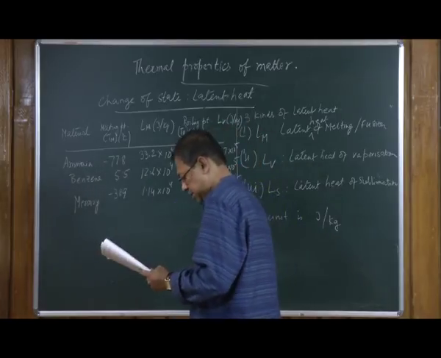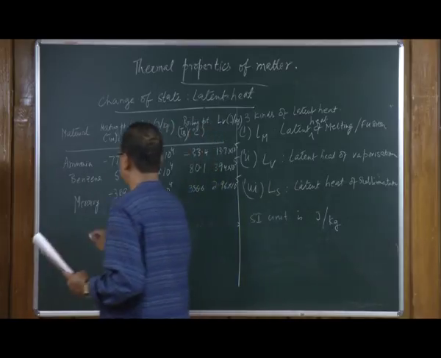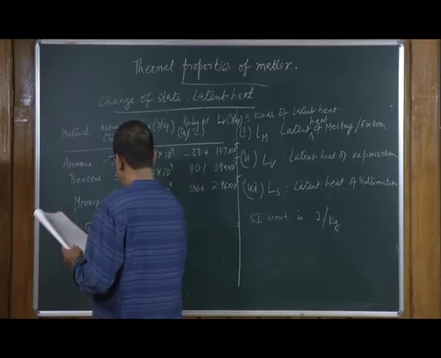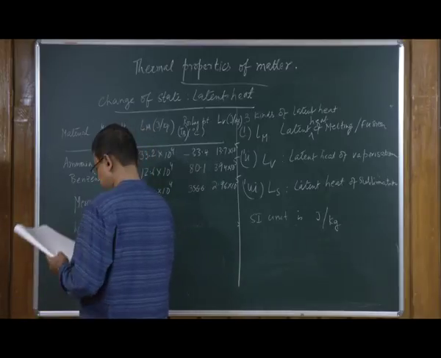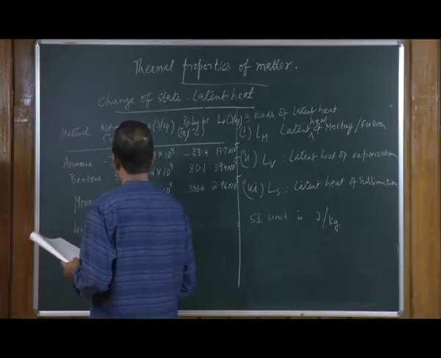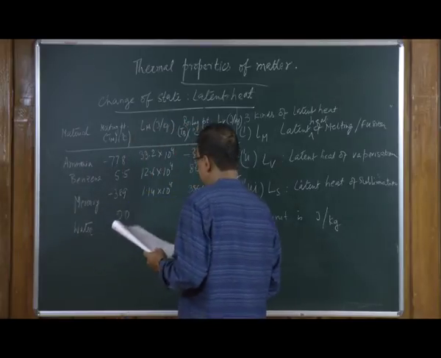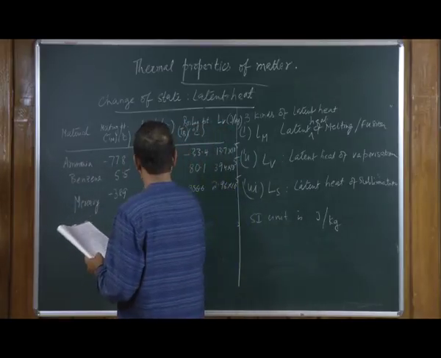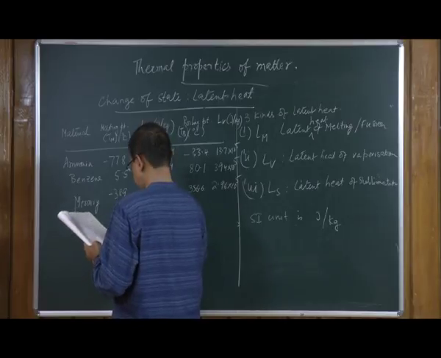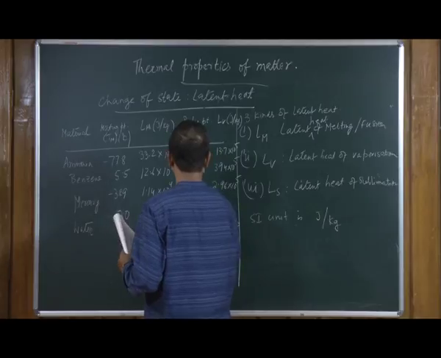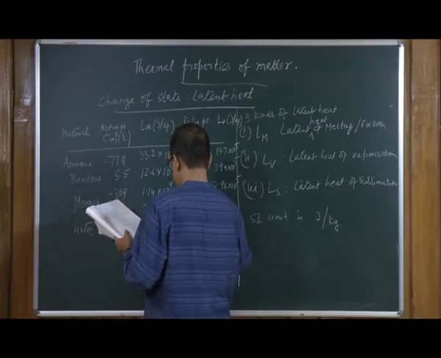And water has a melting point of 0.0, Lm is 33.5 into 10 to the power 4, the boiling point is 100 degree centigrade, and Lv is 222.6 into 10 to the power 5.